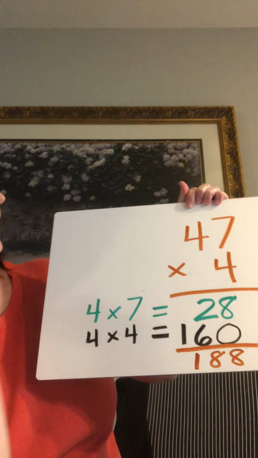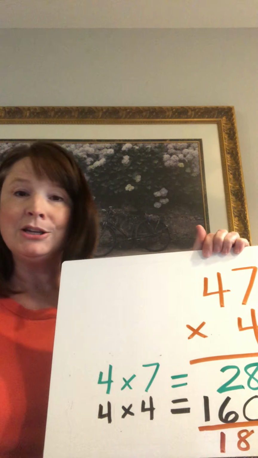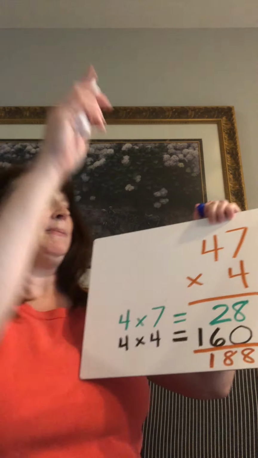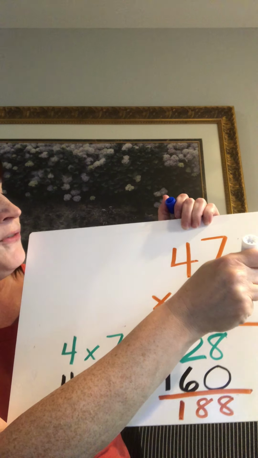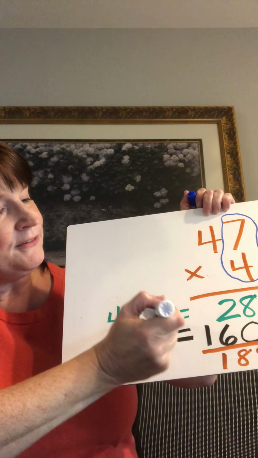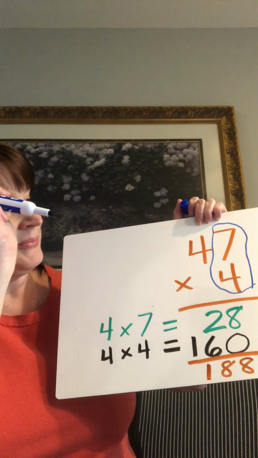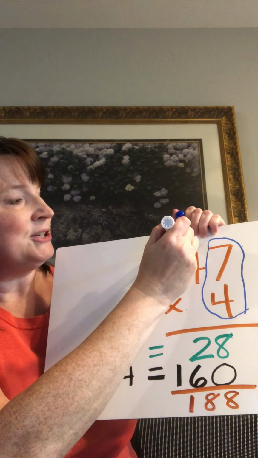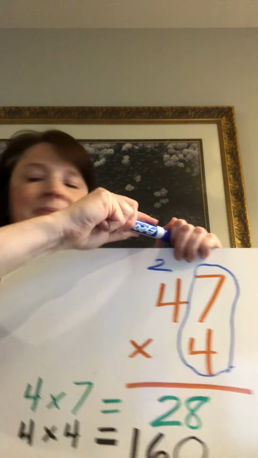And so what I've done here is when I look at 47 times 4, just as with the previous problem, I'm beginning in the ones place, okay? I'm doing 4 times 7. Okay, and you see it right here, 4 times 7 is 28. So I would regroup that 2, like so, or carry the 2.